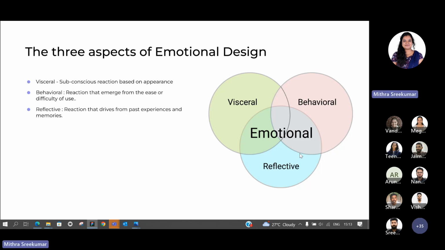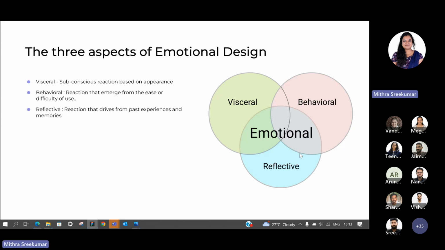And the second level is the behavioral level. The behavioral level depends upon the reaction that emerges from the ease or difficulty of use. It depends more on the functionality of the device. So when he does some activities inside the app, how it goes, that is the behavioral level.